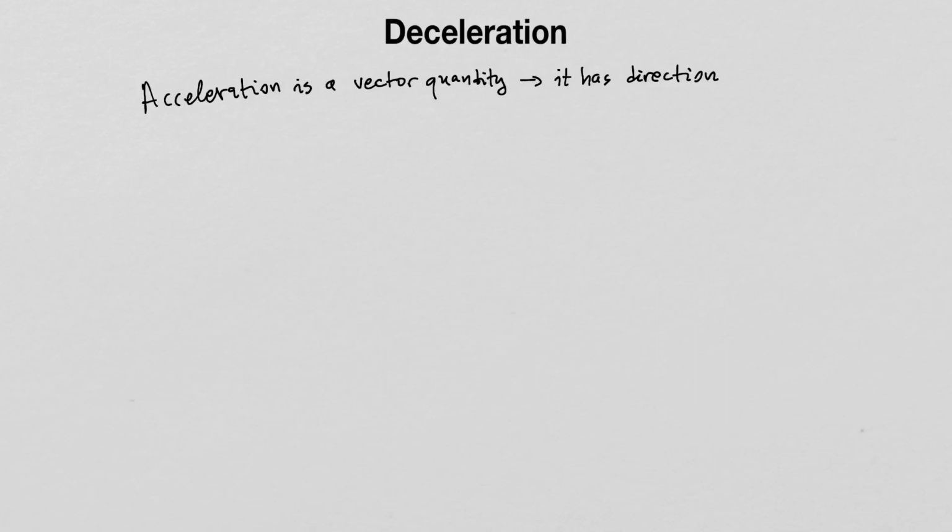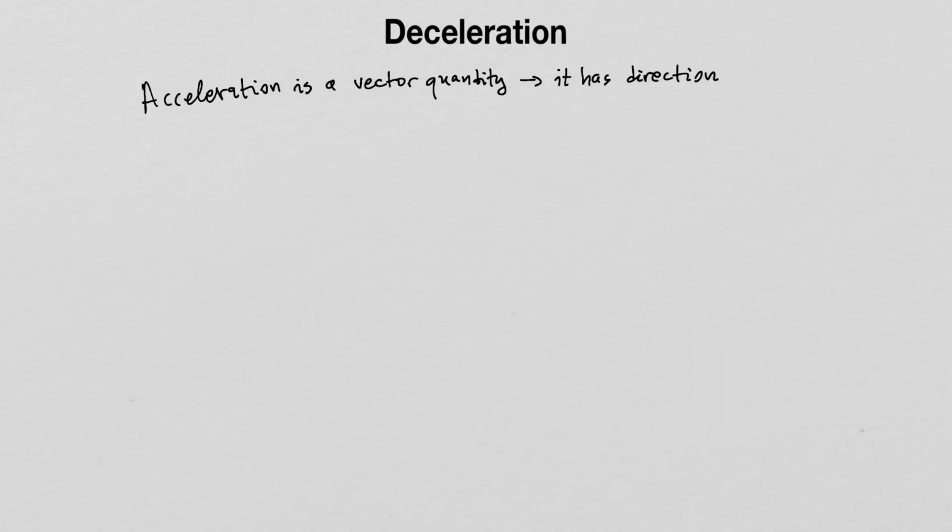But if the car is slowing down, the acceleration, which we are now going to call deceleration, is in the direction opposite to the direction of motion of the car. We can account for this directionality by applying a positive sign when the acceleration is in the direction of motion, and a negative sign in front of the value when the acceleration is opposing the direction of motion.